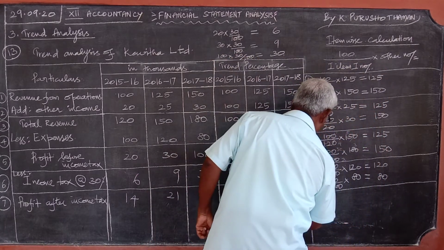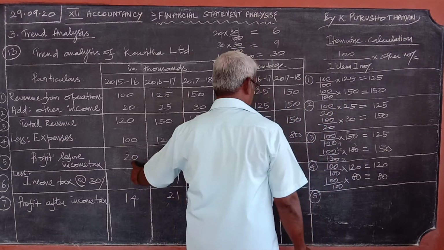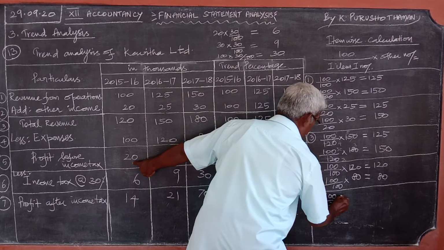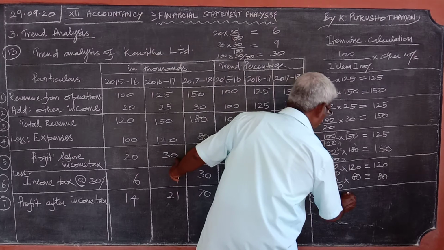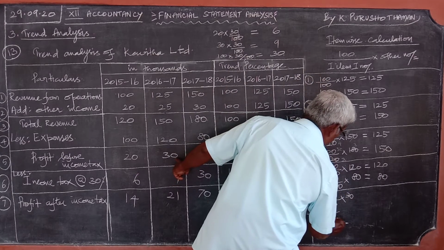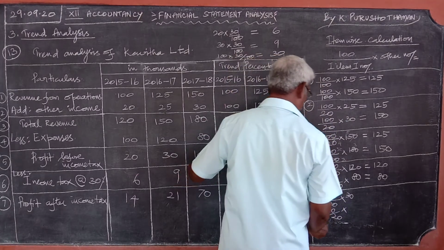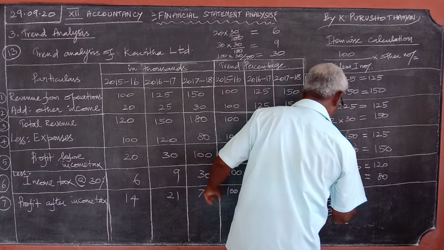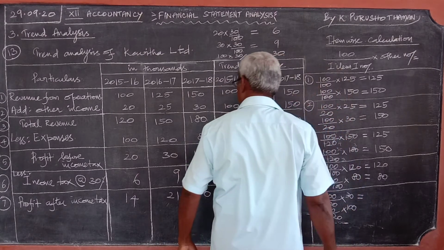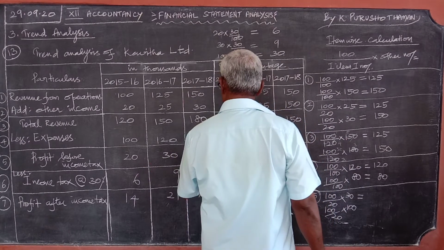Then 5, this is the fifth item. 100 by 20 into the second number, 30. Then 100 by 20 into the next number, what is it? 100. This is equal to 100 by 20 into 30, 100 by 20 into 100.